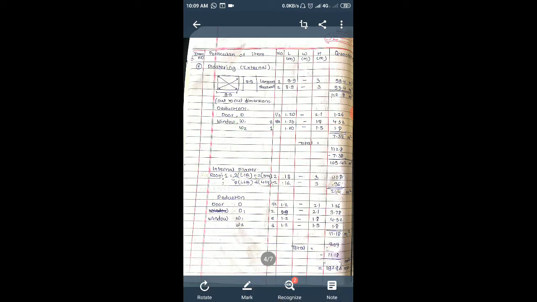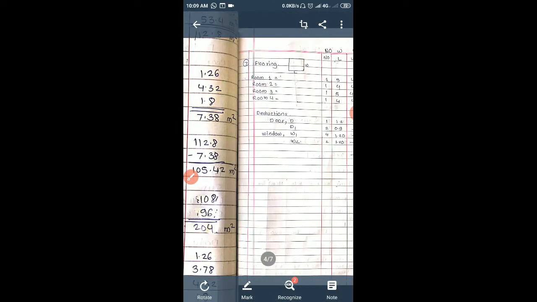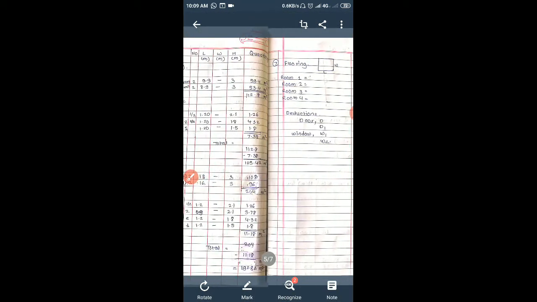For W2 we have 2 windows, so we will consider 1 window over here. Other dimensions are given in the schedule of doors and openings. Then we will deduct these openings from the quantity of external plastering to get this quantity in square meter. So this plastering quantity we have calculated in square meter.